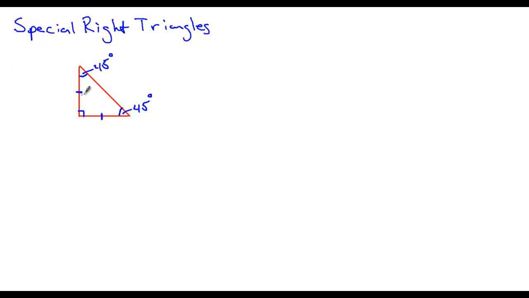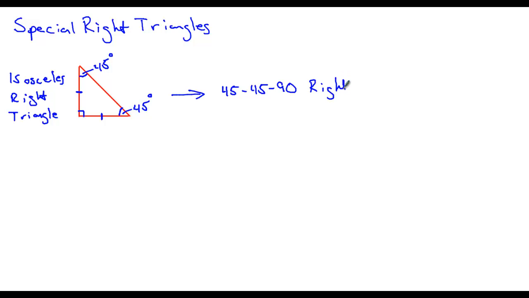And if those two angles are congruent to each other, you should know that they both equal 45 degrees. So this is an isosceles right triangle. But more importantly, for us as a special right triangle, this is called a 45, 45, 90 right triangle.